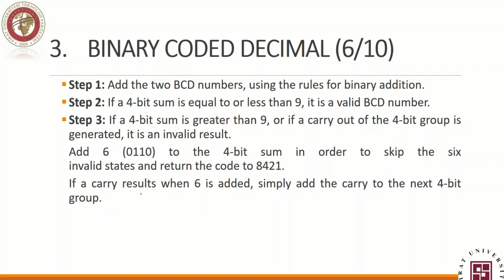If we add 6 to the number, it will rotate back to the beginning, taking you from an invalid to a valid BCD code. But in that case, we will have a carry. Take the carry to the next column, and that's it. That is what you need to do.